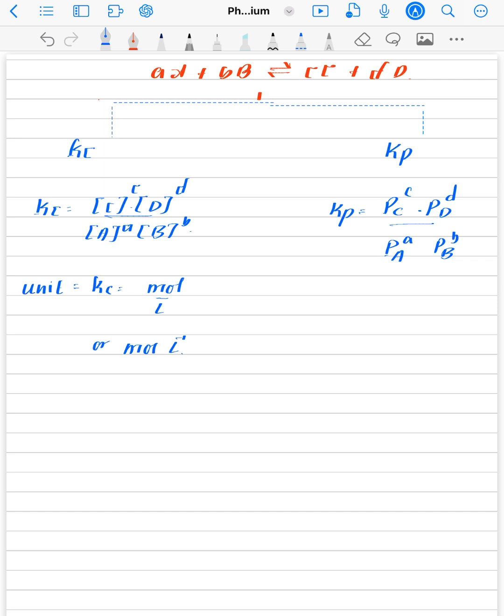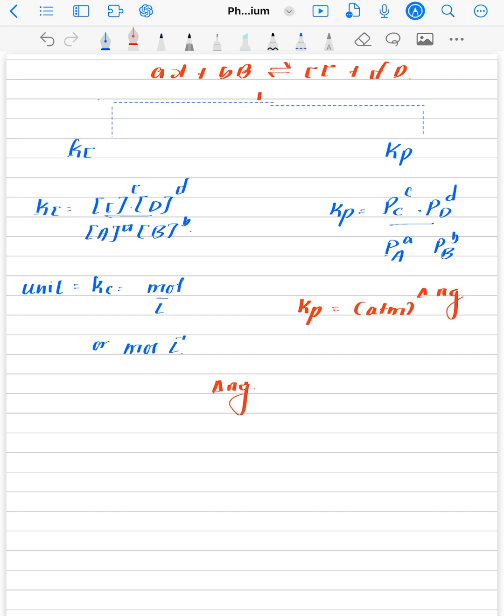On the other hand, for Kp, the things will be slightly changed. That is, Kp is equal to, because we are speaking with respect to the partial pressures, pressures are taken into consideration in atmospheres, so atmosphere raised to the change in the number of moles. So delta ng refers to the change in number of moles. So let's take it down.